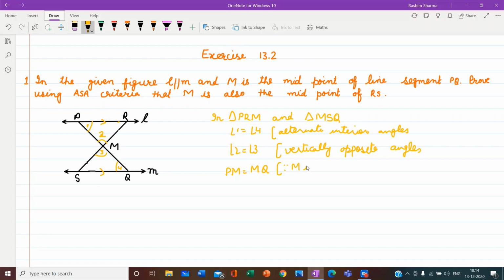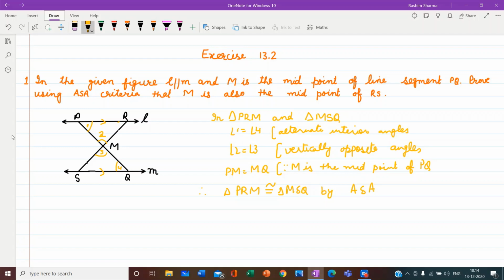M is the midpoint of PQ. Therefore, triangle PRM is congruent to triangle MSQ by ASA criteria.